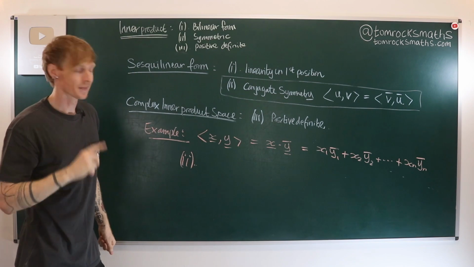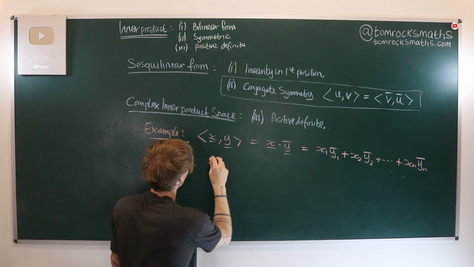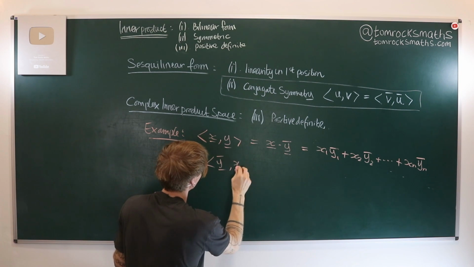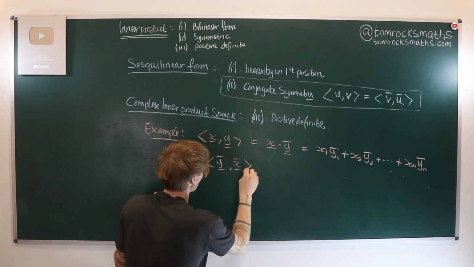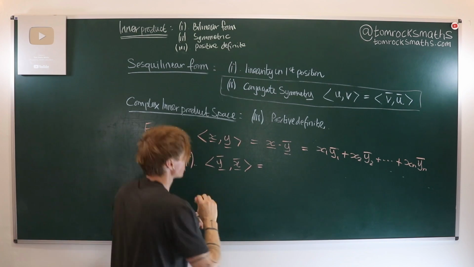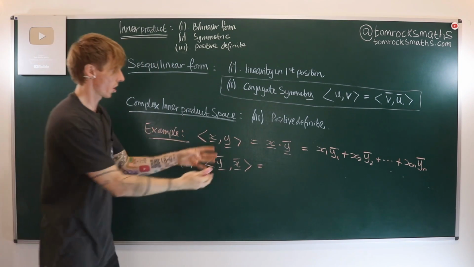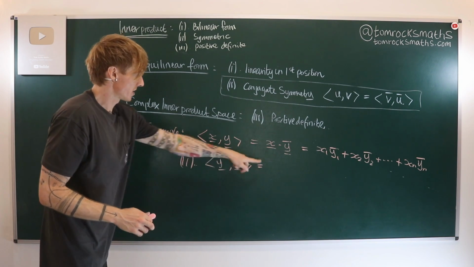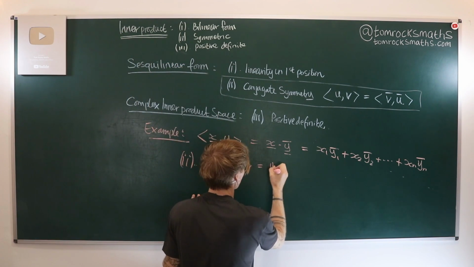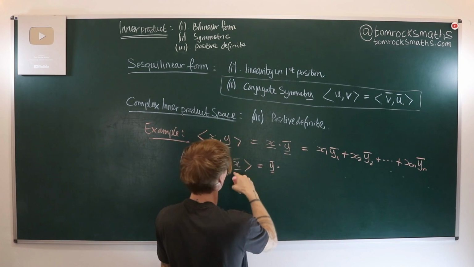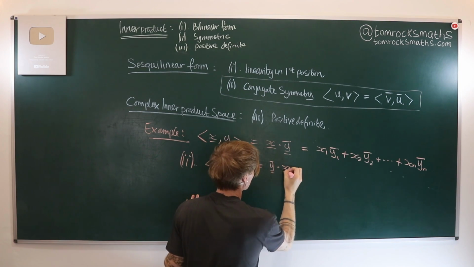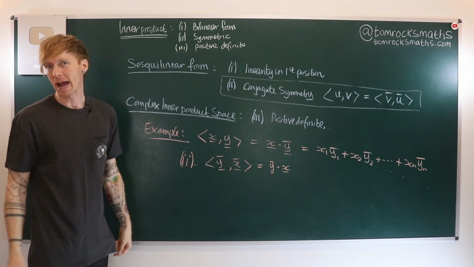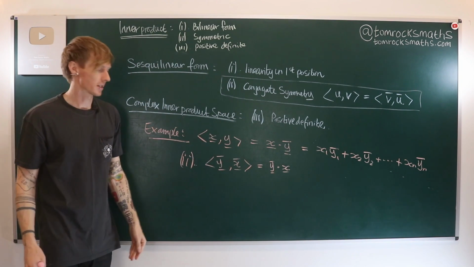So if I now compute, well, what happens if I swap the order? So now I have y bar and x bar. So according to my definition of the complex inner product, I take the first entry, which is just y bar, and I dot it with the conjugate of the second entry. So when you conjugate x bar, you get back to x, you get back to where you started.